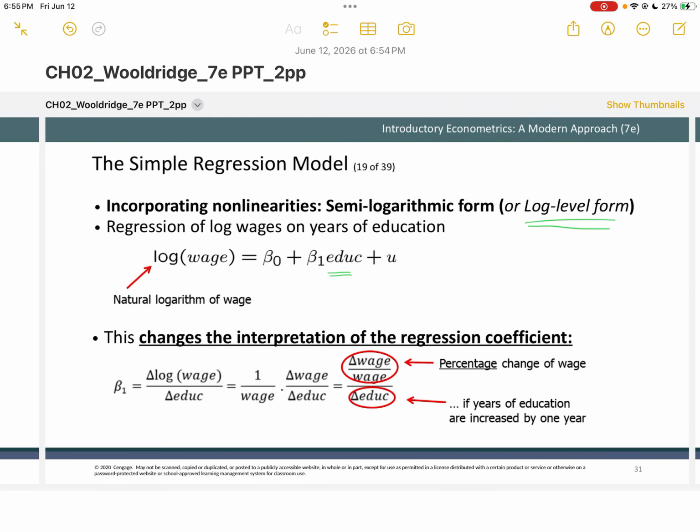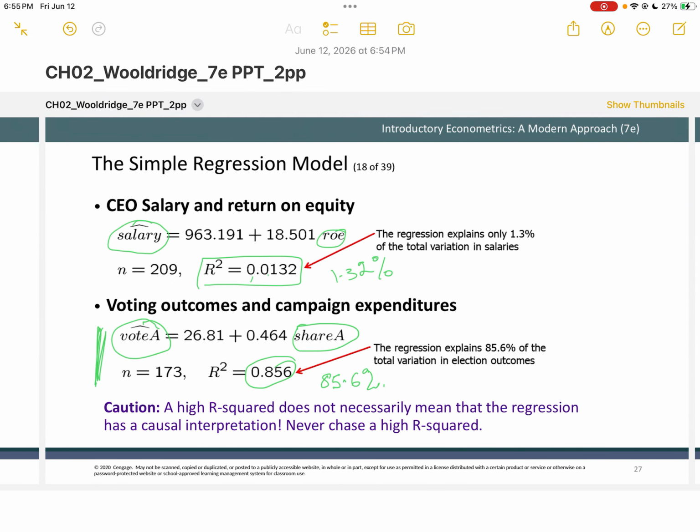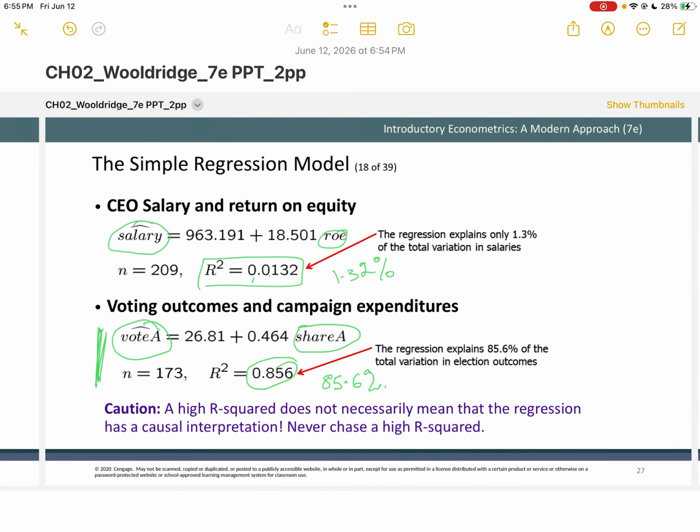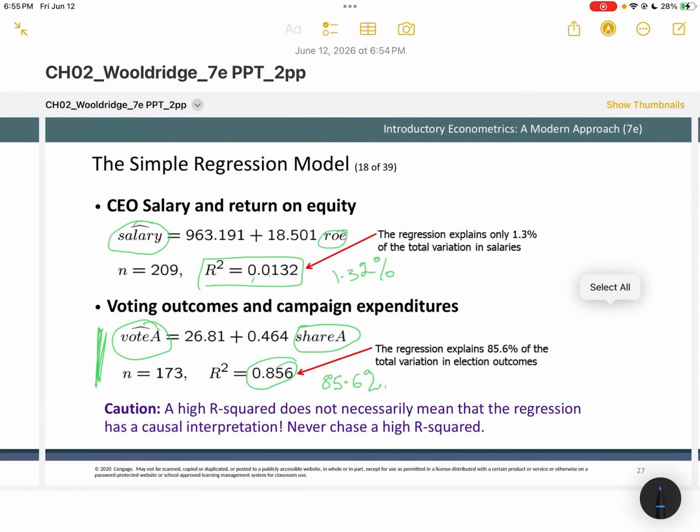Okay, so what did we have before? I'm going to go all the way back. I'm going to use a different color now. Let's try blue because I already have red on here.